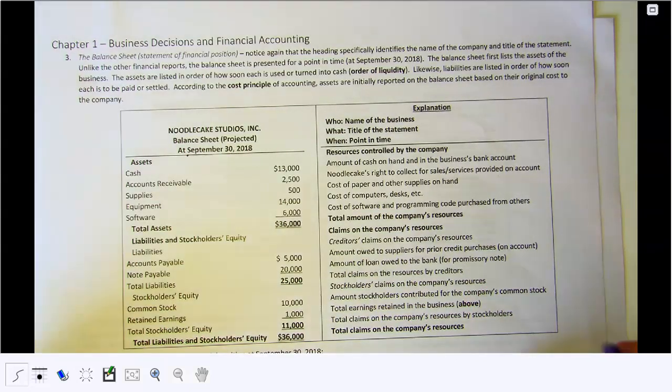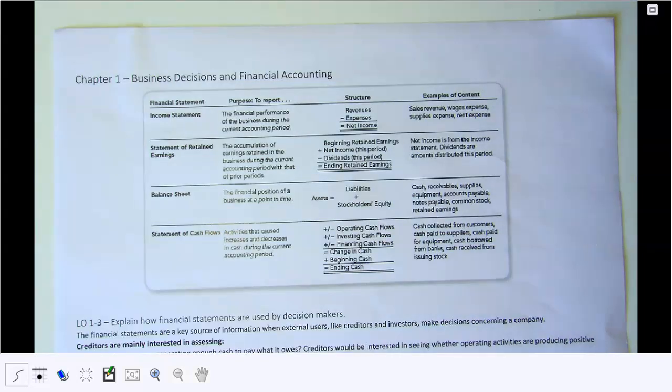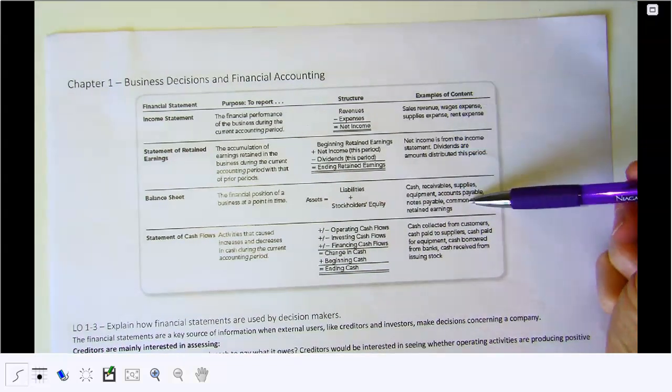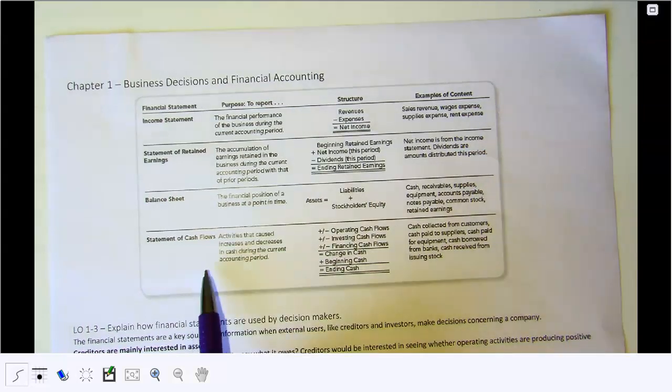Now, page 7 of the notes has a nice summary of the three financial statements that we're learning. Now, here's another financial statement, the statement of cash flows. We're going to be learning about that in Accounting 117, managerial accounting, because there's just not enough time in the semester to fit it in.